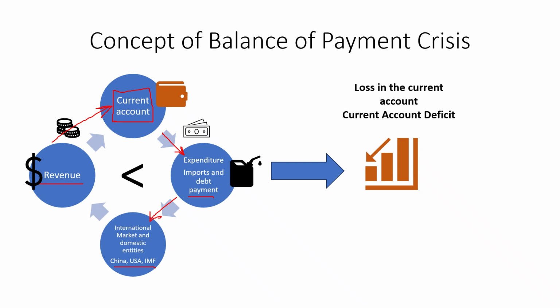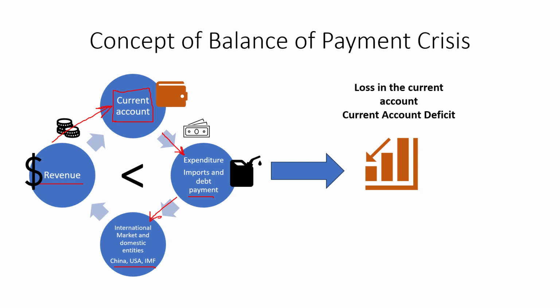The money taken out from the current account is more, and the money that we earn is less. So we call this situation a loss in the current account. And technically, in jargon, we call this current account deficit.